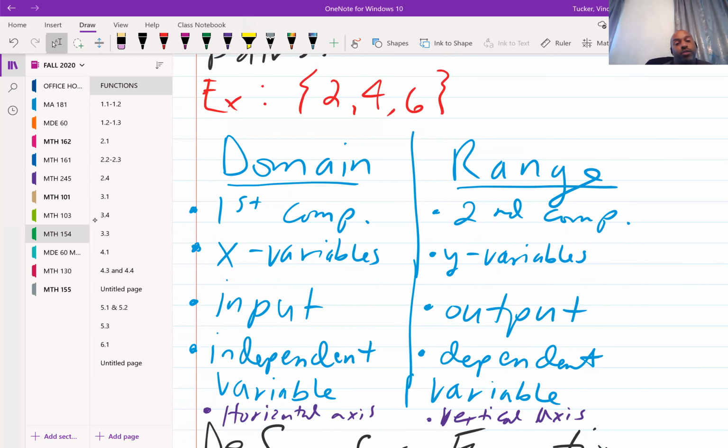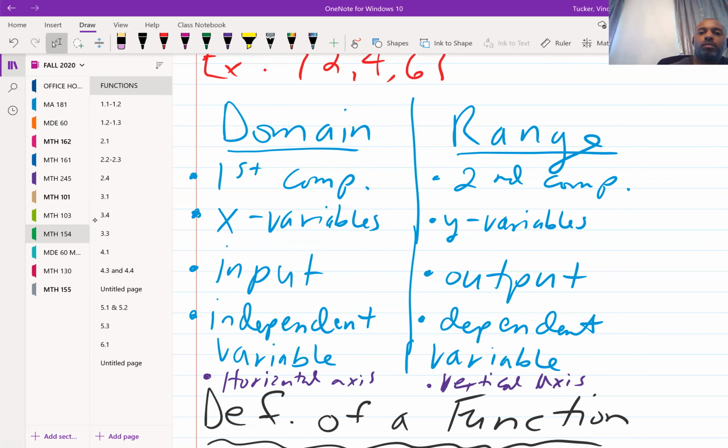All right, so your domain versus your range, like I just mentioned: first component versus second component, x variables versus your y variables, input versus output, independent variable versus your dependent variable, and then your domain will be your horizontal axis while your range will be your vertical axis. Everybody okay?